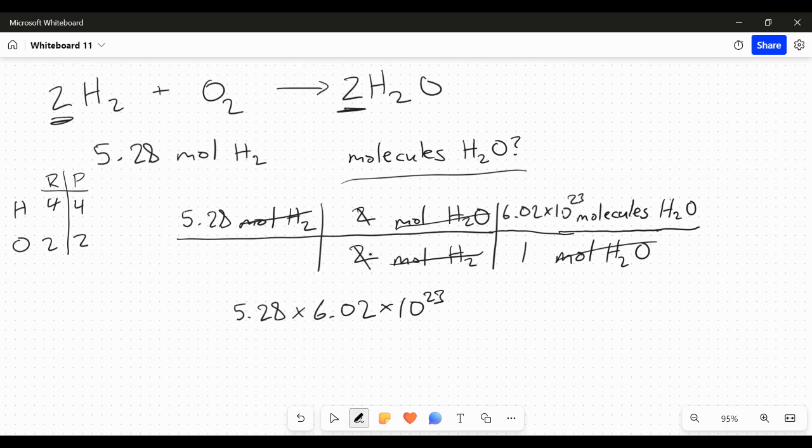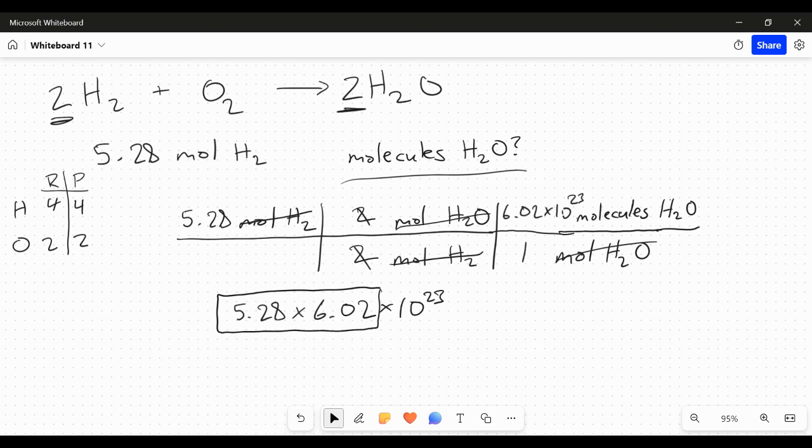On the bottom, I just have ones, so I can ignore that completely. Now, this is the point where you plug it into a calculator. You have two choices here: you can plug this whole thing into a calculator, or you can plug this part into the calculator first. So let's go ahead and do that.